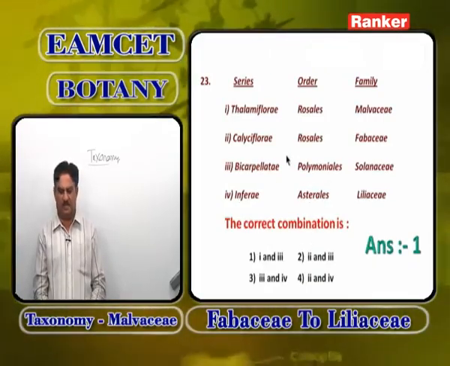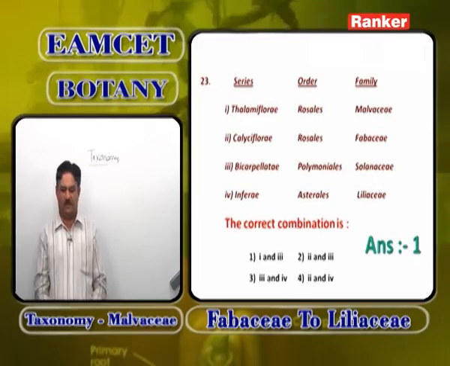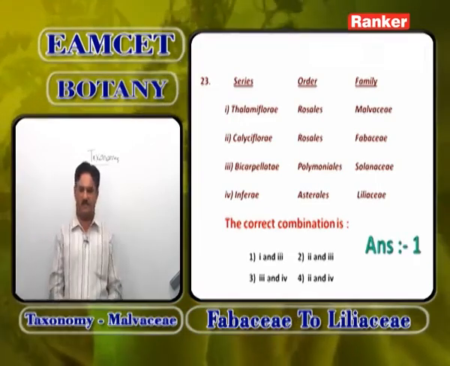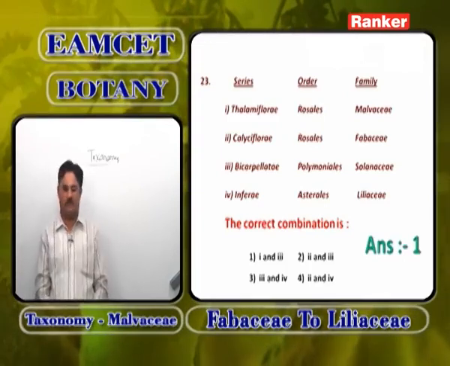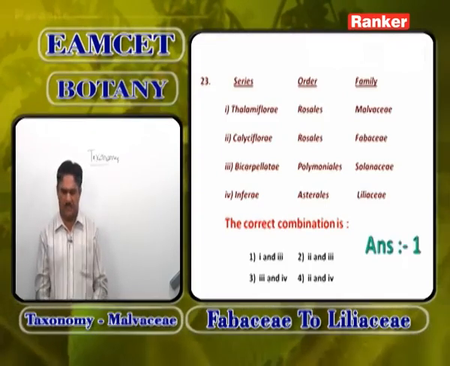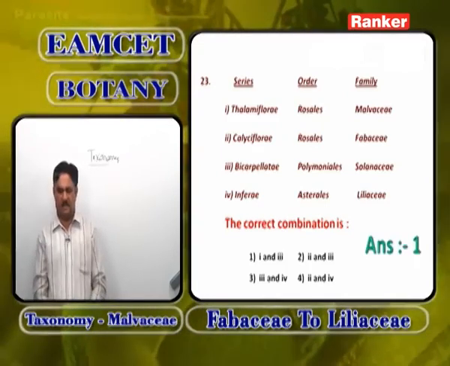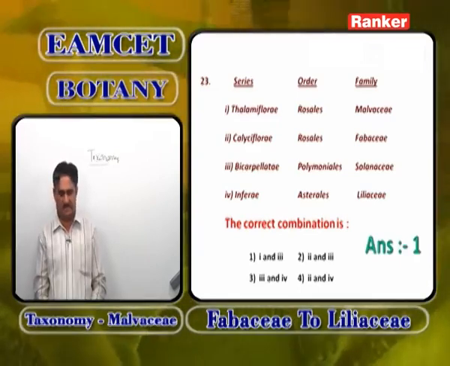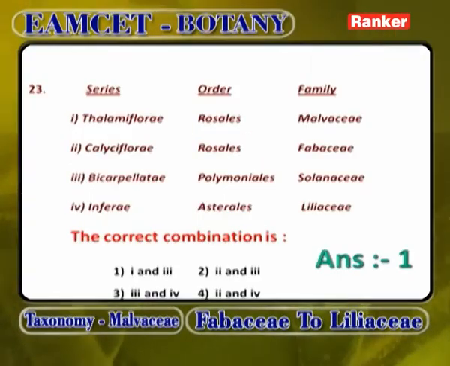Bicarpellatae, Polemoniales, Solanaceae is correct. Inferae, Asterales, Liliaceae is wrong. So the answer is not 1, it is 2 and 3.